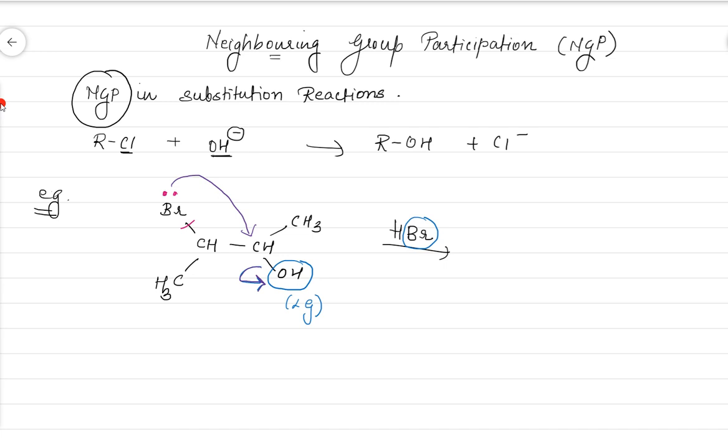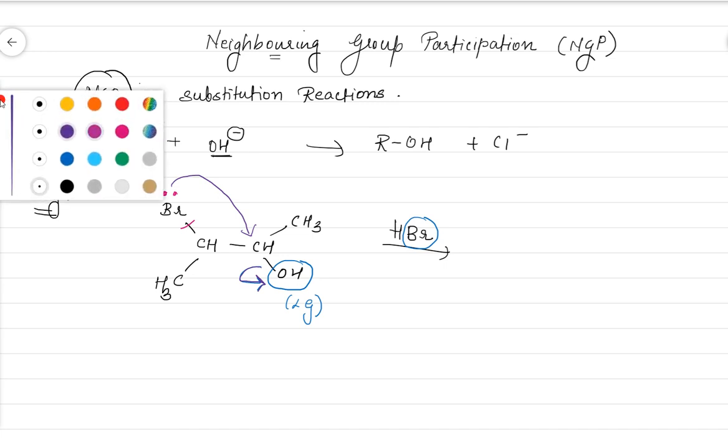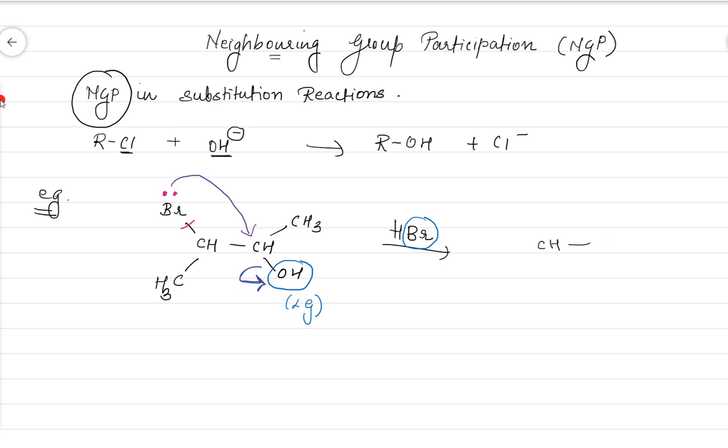So what we get first is an intermediate. What does that intermediate look like? Let's see now. This is our CH, CH, CH3, CH3. And remember, this group is trans to the leaving group. Our neighboring group is trans to the leaving group.